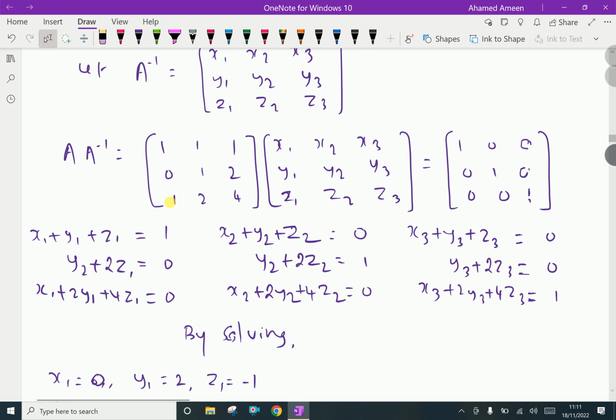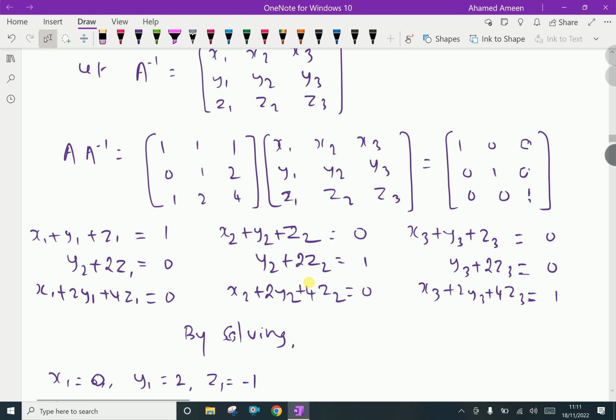Third is the third row with that column: 1 into x3, 2 into y3 plus 4 into z3. So we have those equations. That means the third column with the third row, we have 0 0 1.